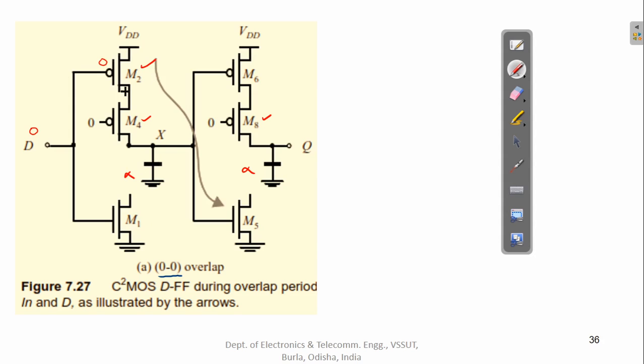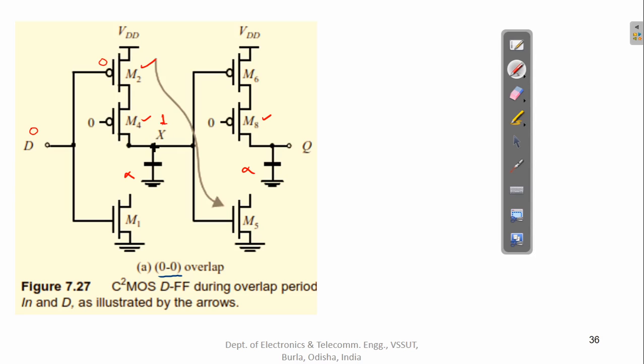So this makes M2 on, and X may be connected to VDD, so X becomes 1. If X was earlier also 1, then it's not an issue, but if X was 0, then now it has become 1. So the value of X has changed from 0 to 1, making a transition from 0 to 1 under this condition. So it is affecting the value of X, this is for sure.